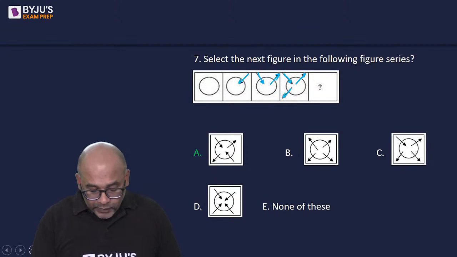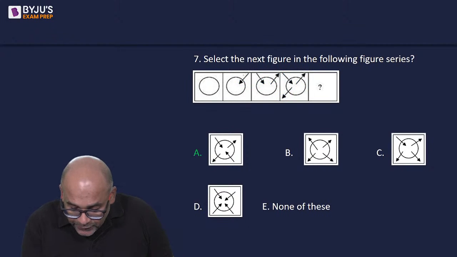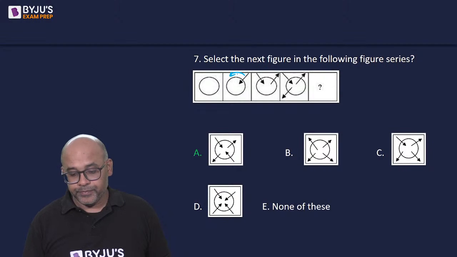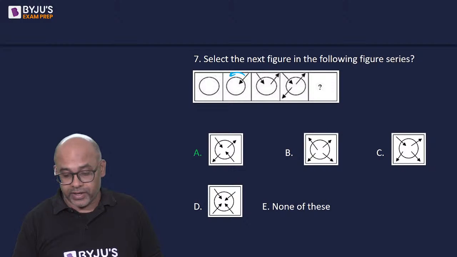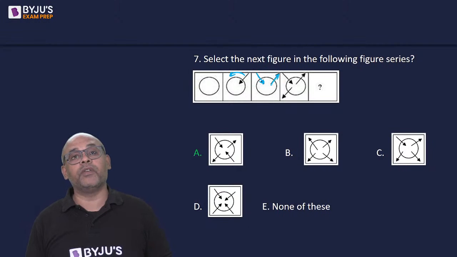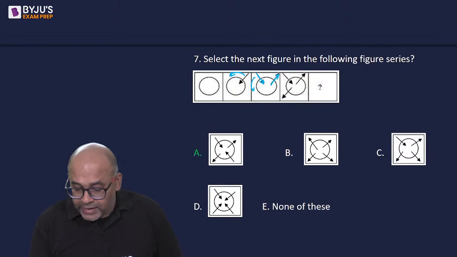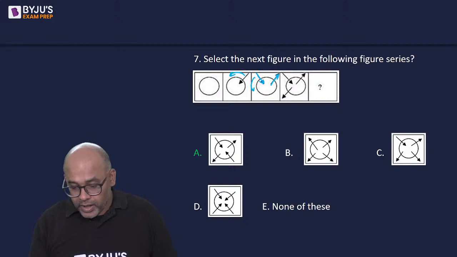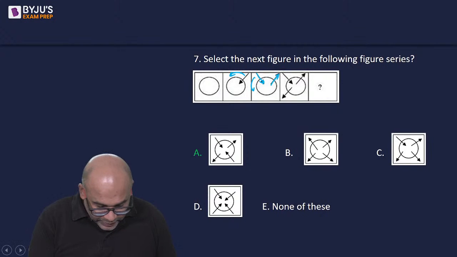If this moved by 90 degrees and a new arrow came which is opposite of the direction, and now you move this by 90 degrees, there's something wrong. That logic is not working.